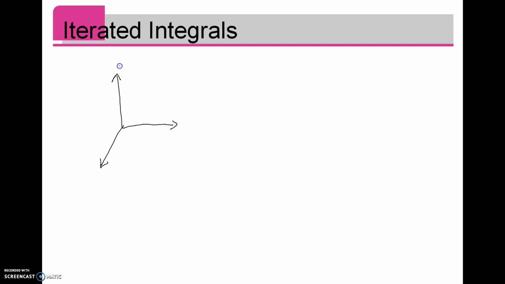So we have z, y, and your x. Let's take a function f of xy, but just look at the part with the shadow of a rectangle, some sort of rectangle here.